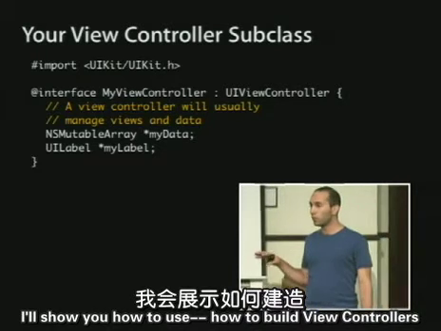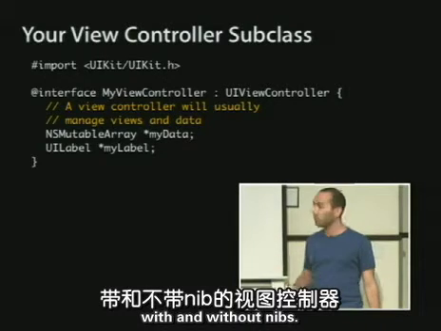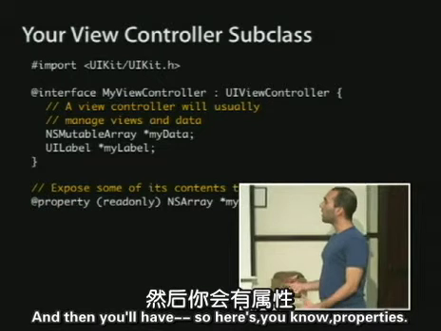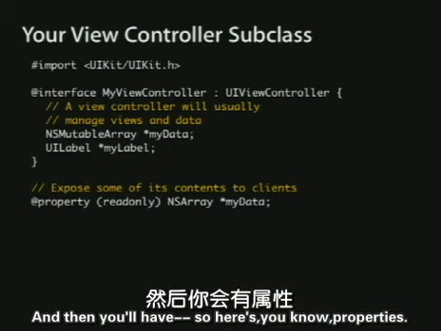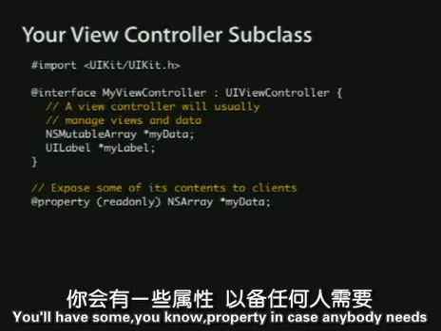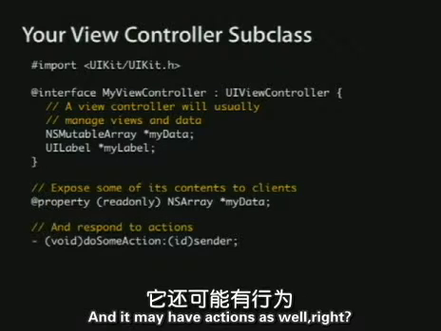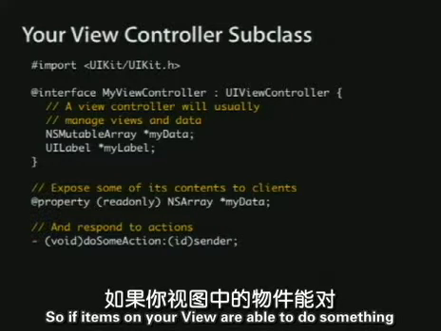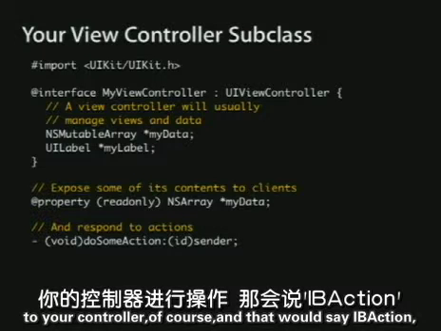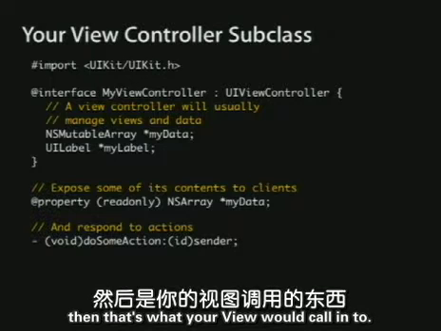I'll show you how to build view controllers with and without nibs. And then here are properties. You'll have some property in case anybody needs to communicate with your view controller to get data or set it. And it may have actions as well, right? So if items on your view are able to do something to your controller, of course, that would say IBAction, then that's what your view would call into.